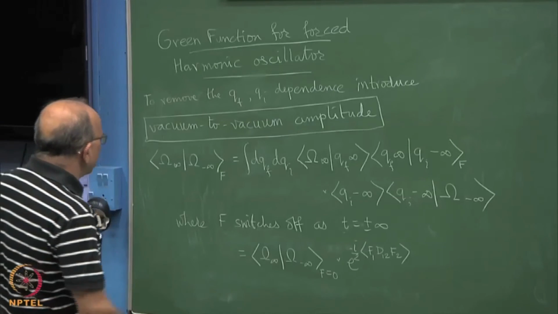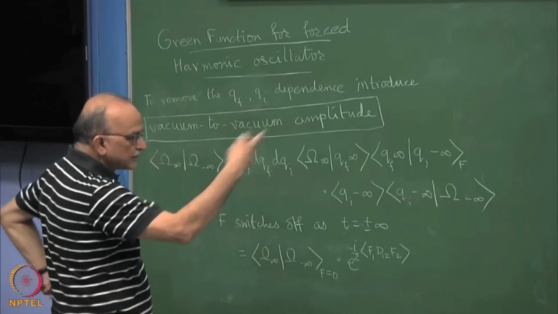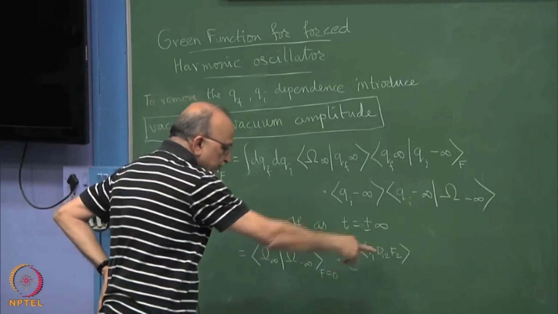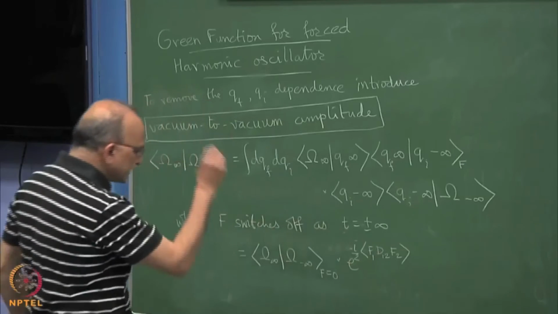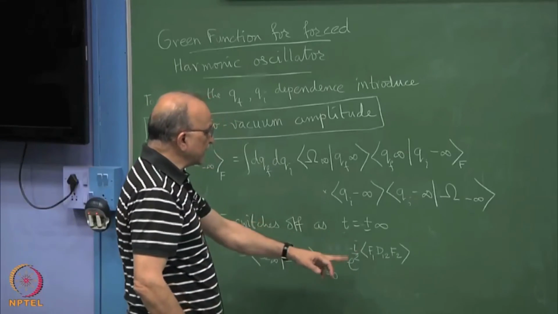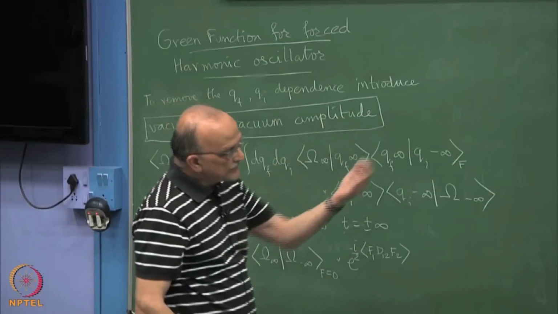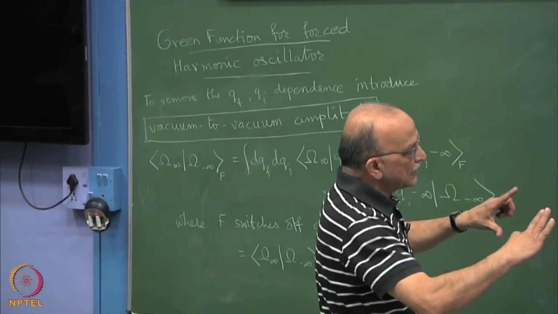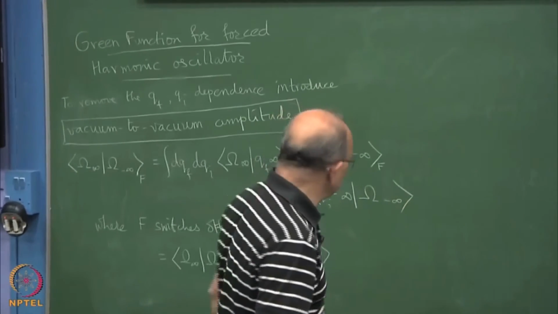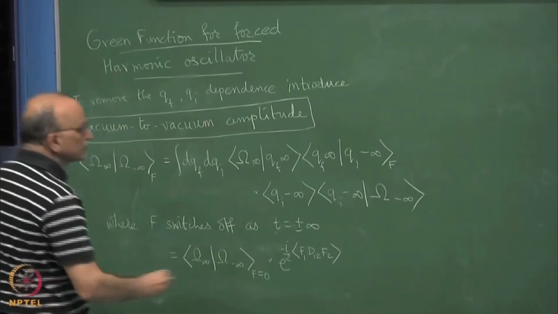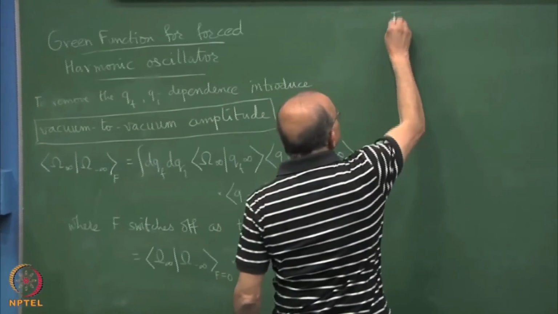So this idea of constructing vacuum to vacuum amplitude, writing a generating functional, and by introducing external forcing function with respect to which you can vary now, varying with respect to F will bring down a Q. So you can calculate a QQ correlator by varying with respect to F twice. So this can be used.